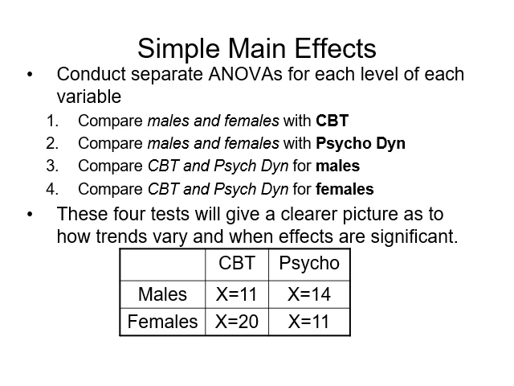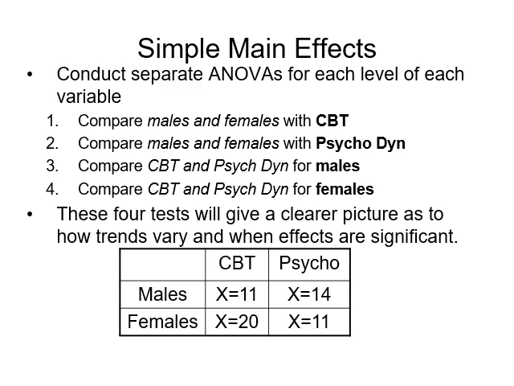So even though we have a pretty good idea of what's going on, we're going to test all of those trend differences. In a 2x2 design, we're going to test 4 mean differences, the actual individual means of each one of those combinations. We're going to check to see, is the difference between males and females just within cognitive behavioral therapy significant?